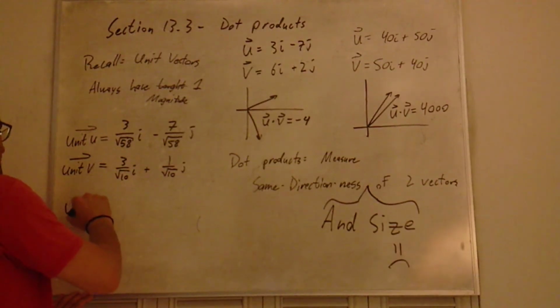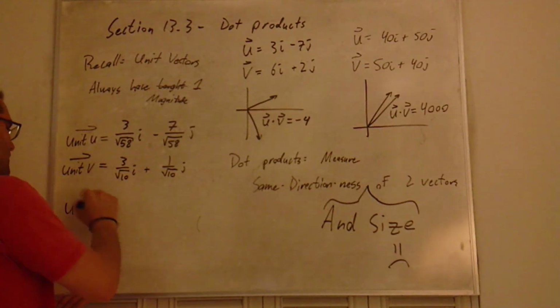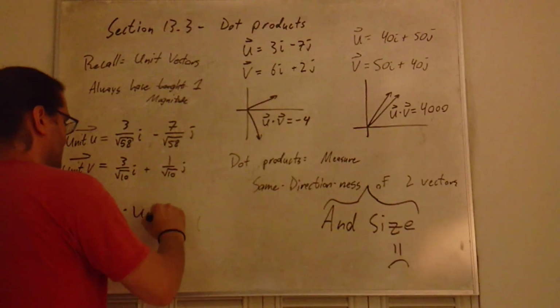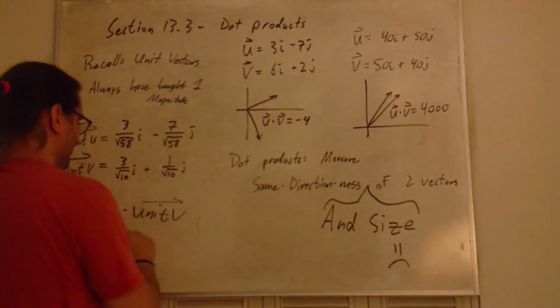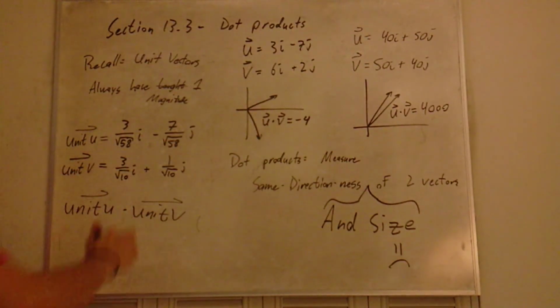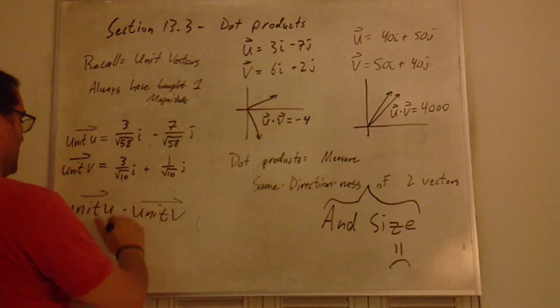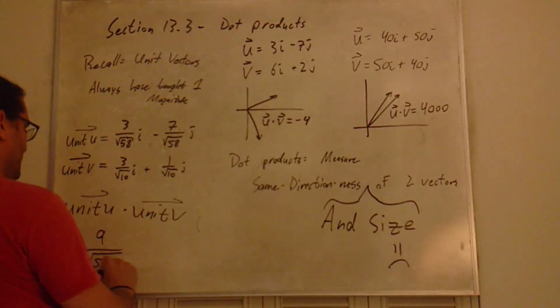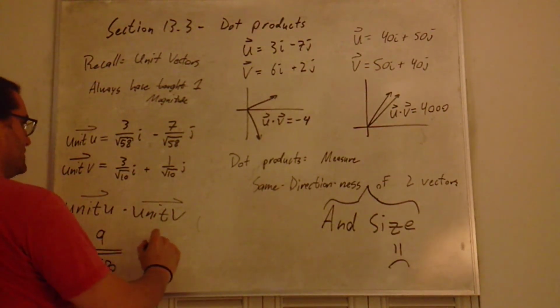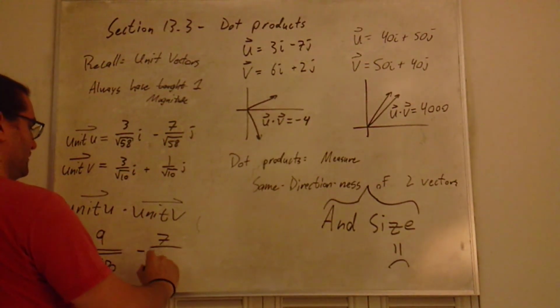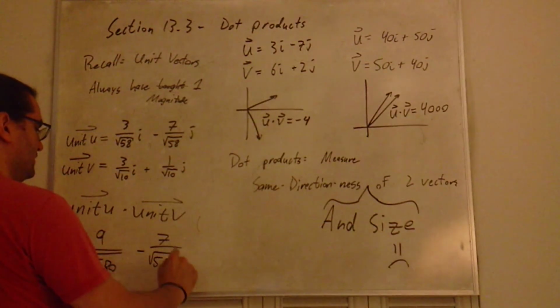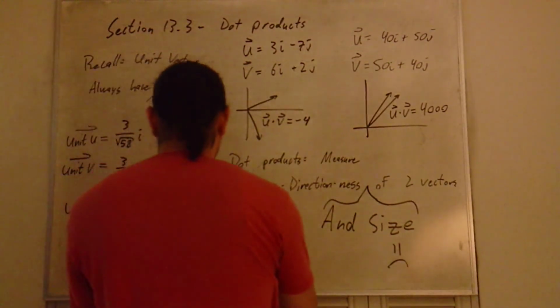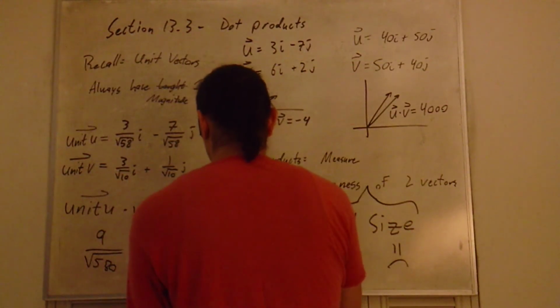So let's find unit u dot unit v. I will get 9 over the square root of 580 minus 7 over the square root of 580, which is 2 over the square root of 580.